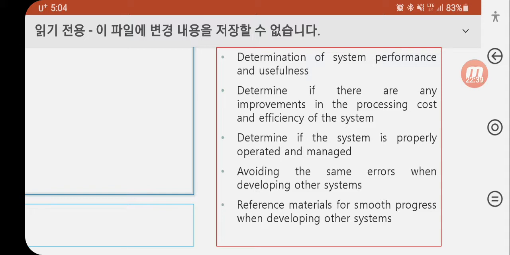Avoiding the same errors when developing other systems. And the last purpose is reference materials for smooth progress when developing other systems. Do you understand? Okay. Next.